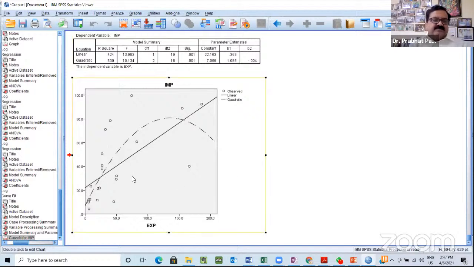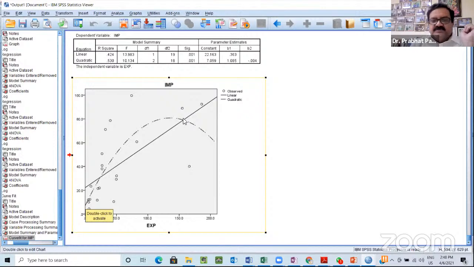This graph shows that the linear is going up, and the quadratic has two slopes. It goes up, up, up, reaches the peak, and after that it starts falling down. So your beta 2 is negative. This shows that the curve is going to go down after reaching the peak.